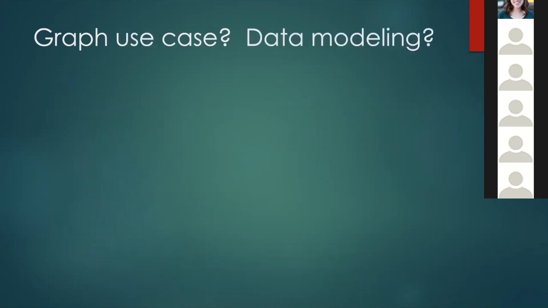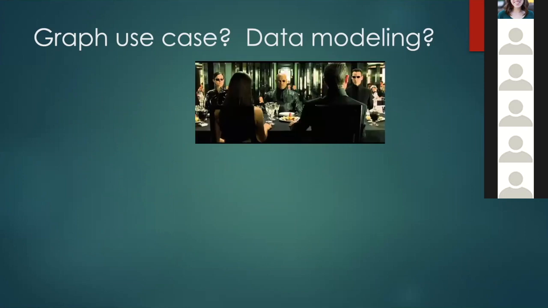So real quick, just go through a little bit about graph use cases and data modeling. This slide in particular is more towards the graph maturity level that you see at Target.